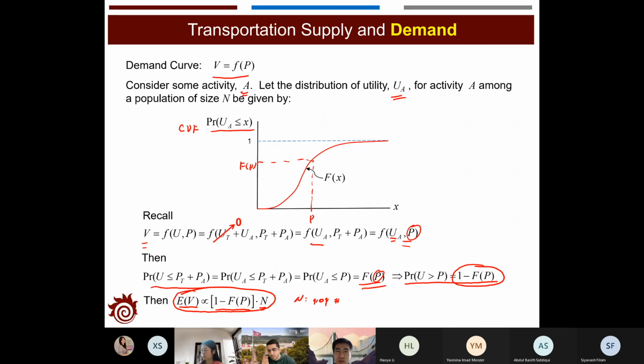The demand curve represents the function of the volume as the dependent variable, and the independent variable is the price or the cost. While for the supply function, we will define the cost as a function of the demand or the volume.